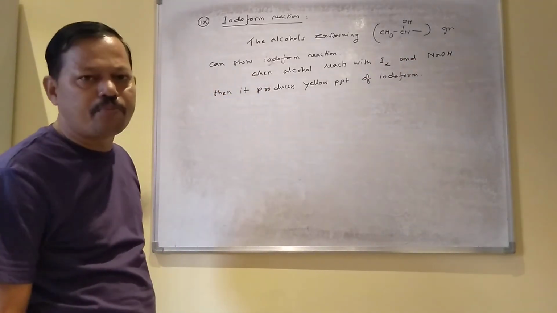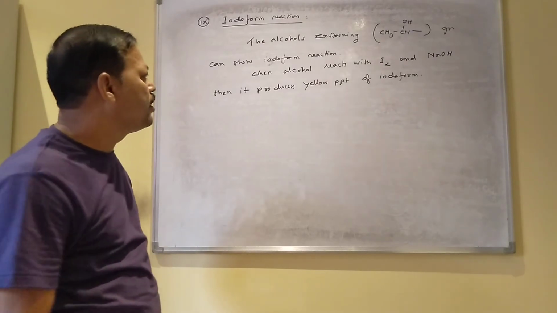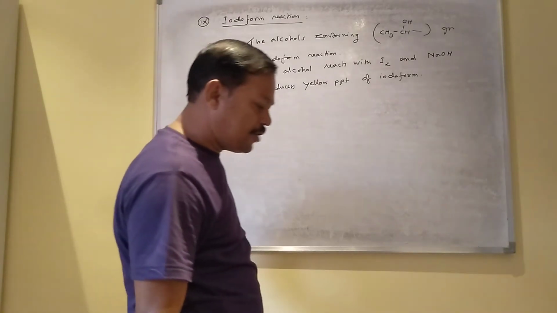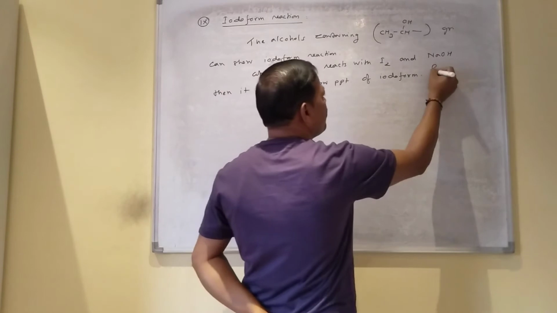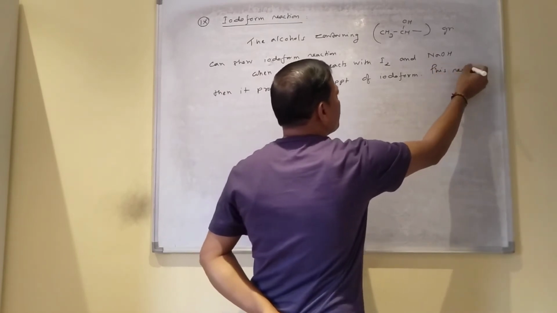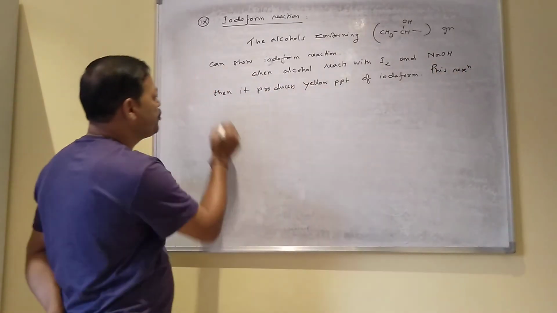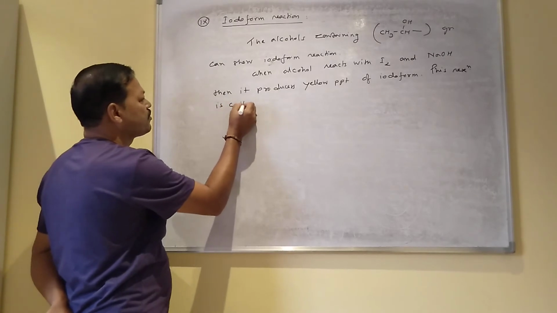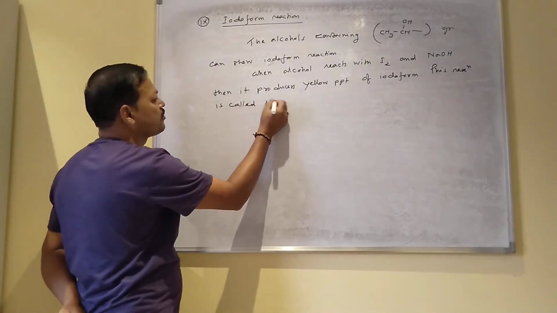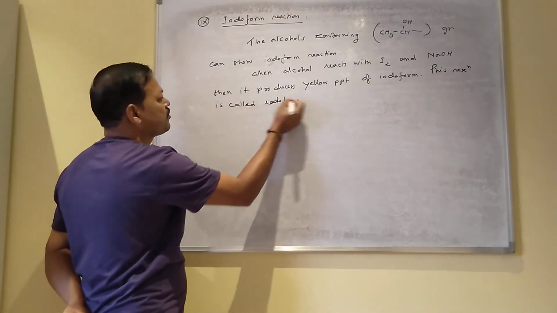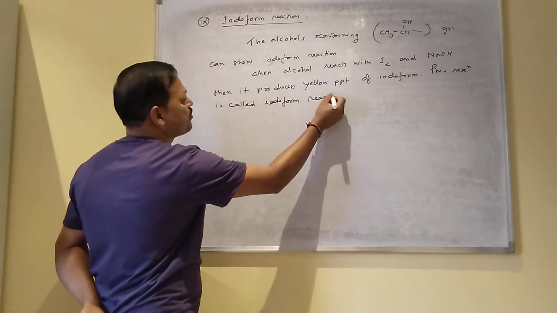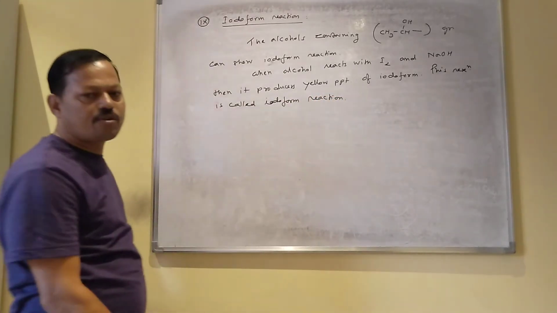Iodoform is a compound which gives the yellow color, a yellow precipitate of iodoform. This reaction is called the iodoform reaction.